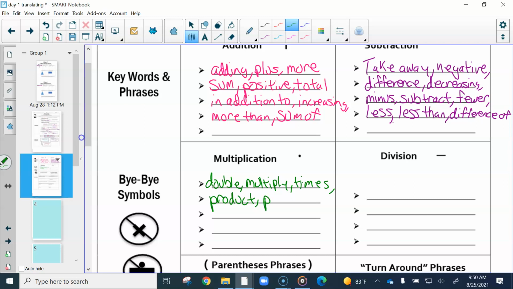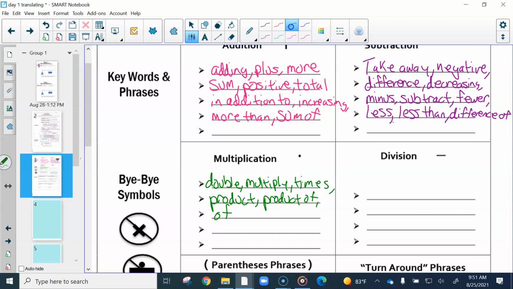Product of. Just "of" in general, true. If I say 3 of x or 3 of whatever, I'm still multiplying, right?